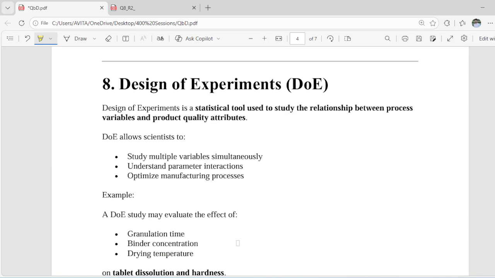These steps guide the experimental design and process optimization. Moving on to the design of experiment. This design of experiment is a statistical tool used to study the relationship between the process variable and process product quality attributes. Design of experiment scientifically allows scientists to study multiple variables simultaneously, also to understand the parameter interaction and optimize the manufacturing process.